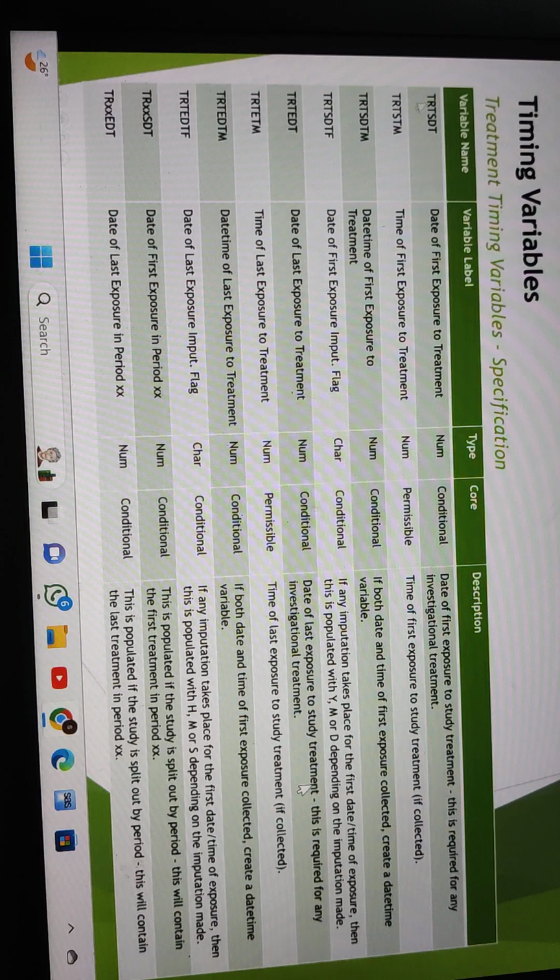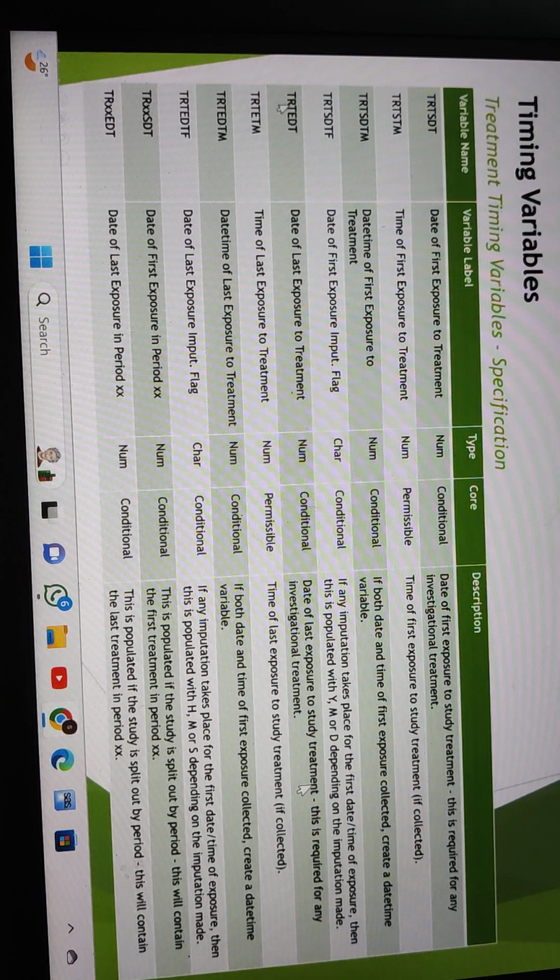For example, if the TRTSDT is imputed, this flag will have some value. What is the value? It will have Y, M and D. For example, if the TRTSDTF date imputation flag contains Y, in that case we have imputed the entire date. If it's M, we have imputed month and day, and if it's D, we have imputed only the day.